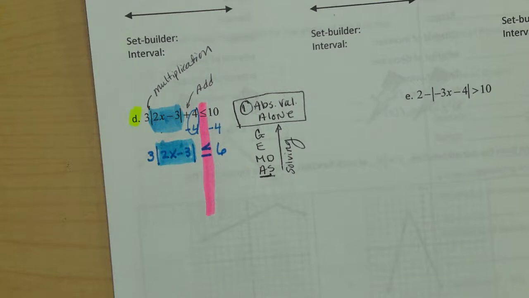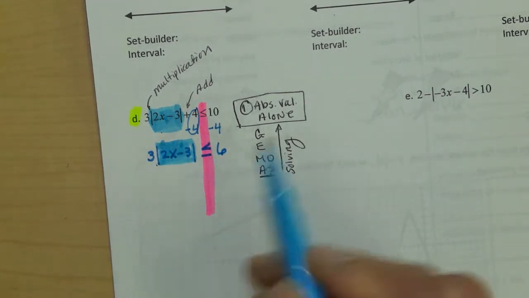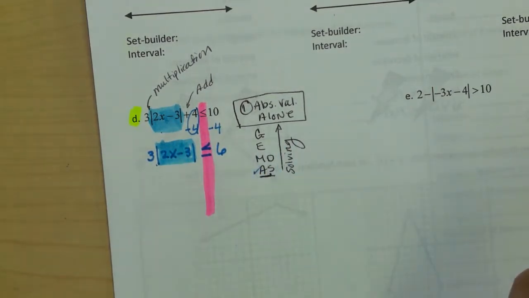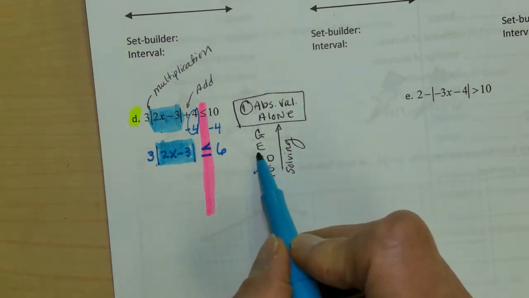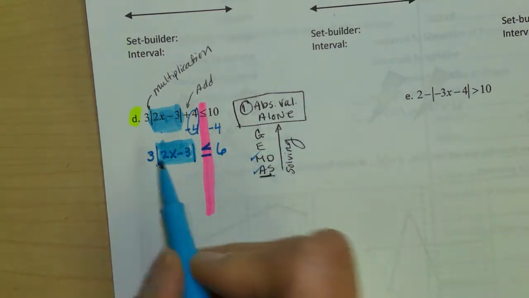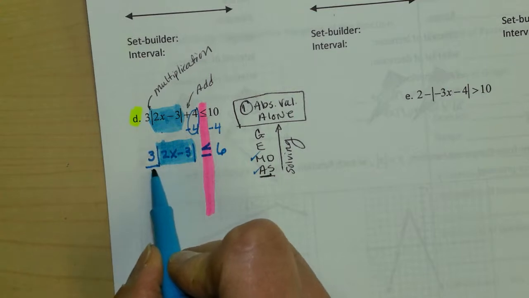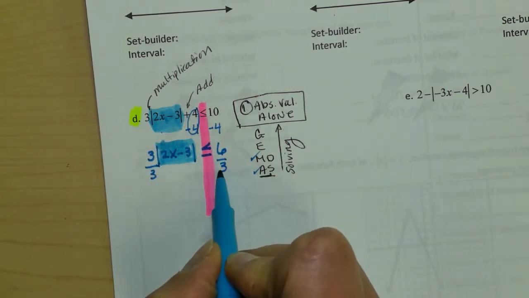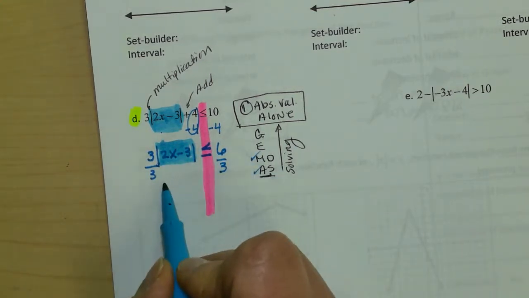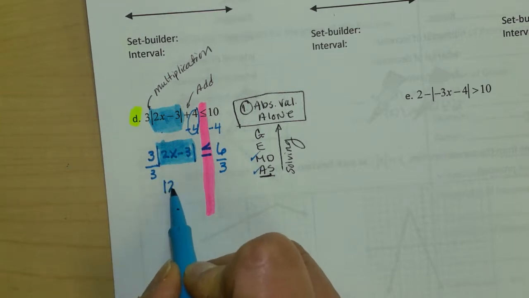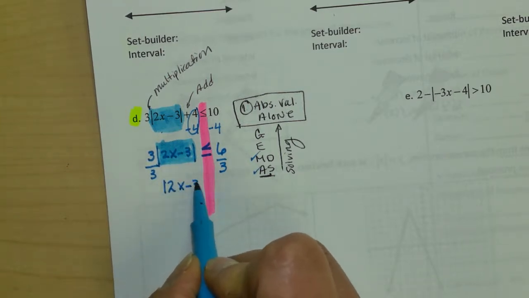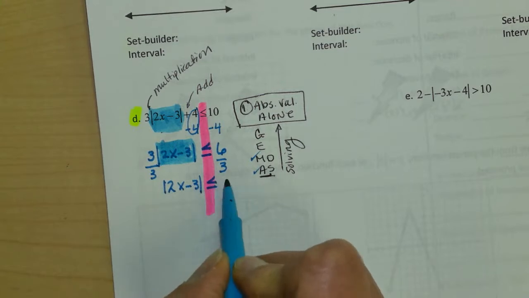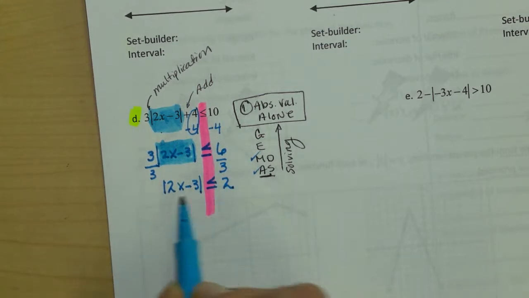I have this multiplication happening here. I've already taken care of the add and subtract. Now I have a multiply and divide, so I'm going to divide by 3 on both sides of that inequality. That leaves me with the absolute value of 2x minus 3 is less than or equal to 2.